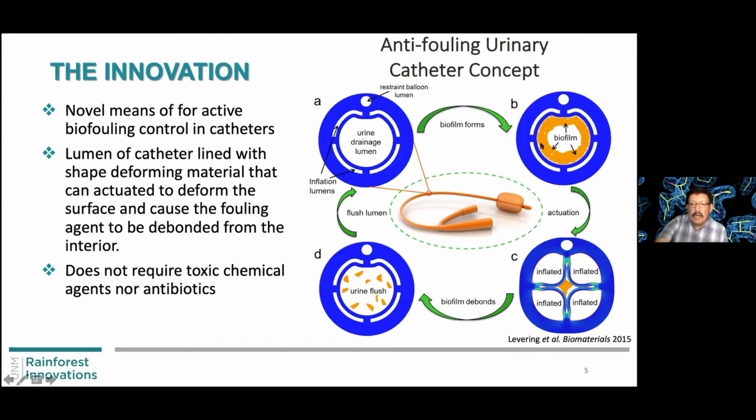So after some time, when you get biofilm formation on the urinary drainage lumen, you can actuate the inflation lumens to deform the surface of the urine drainage lumen and thus disrupt the biofilm and flush it out.